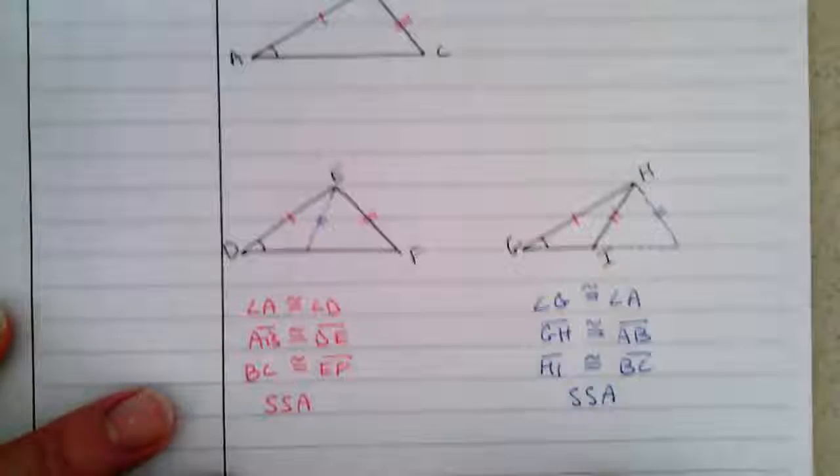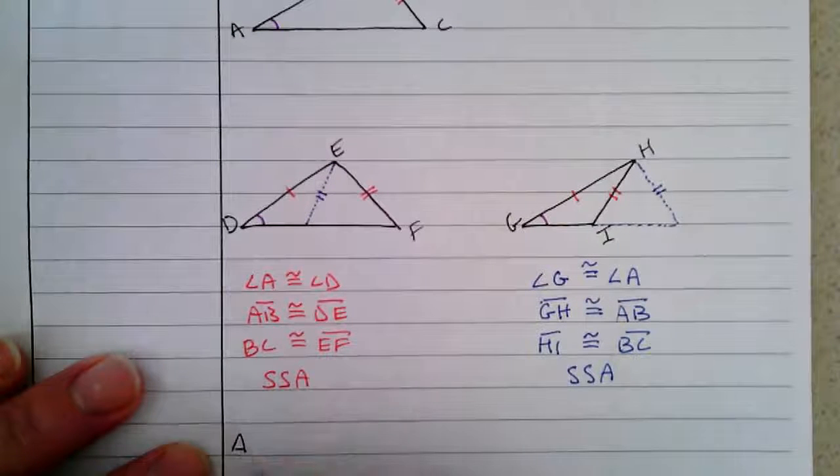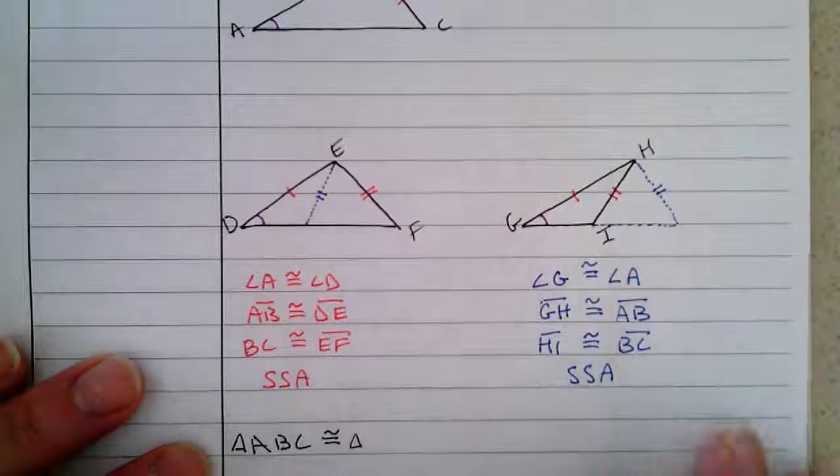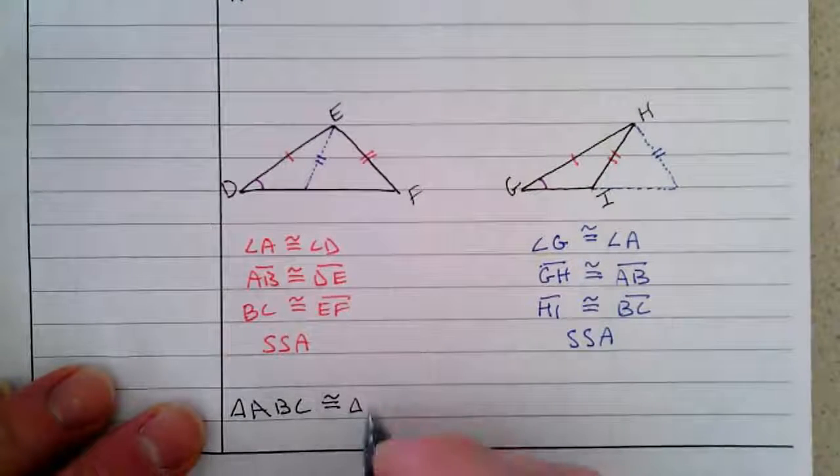In this case over here, triangle ABC is congruent to triangle DEF.